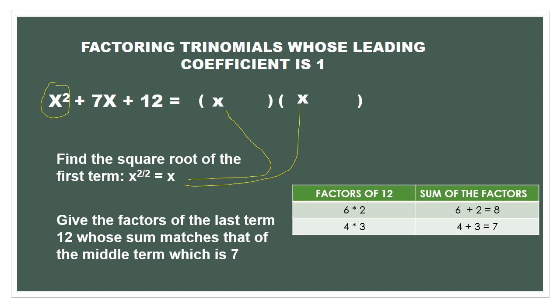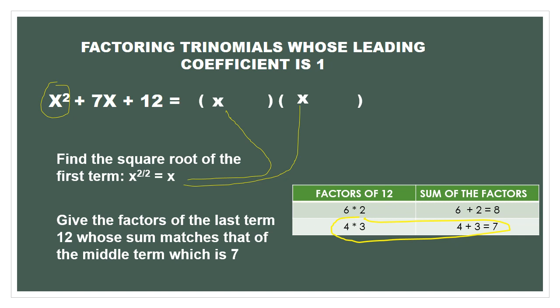Pag pinag-plus naman natin, 6 plus 2 is equal to 8. Hindi siya match doon sa middle term. So, we're going to try another factors. 4 times 3 is equal to 12. Then, add these two factors. We have 4 plus 3 is equal to 7. Ibig sabihin, itong factors na to, nag-match doon sa ating middle term na 7.